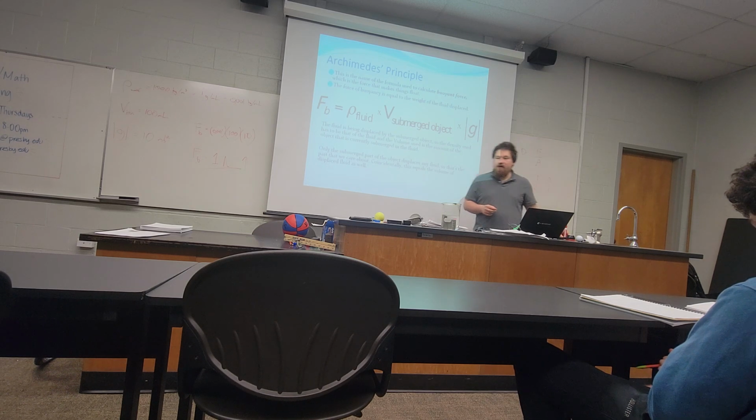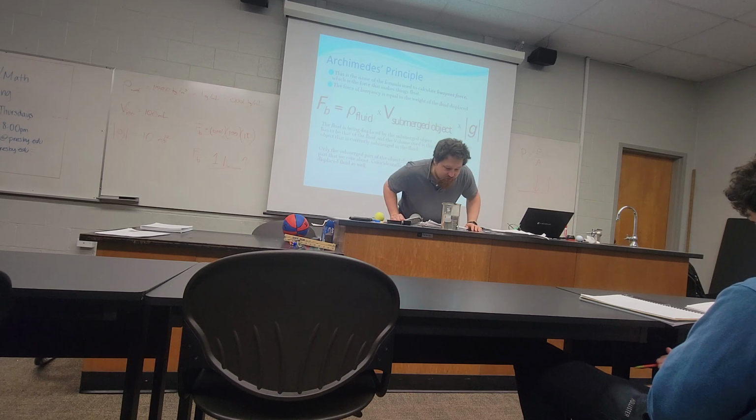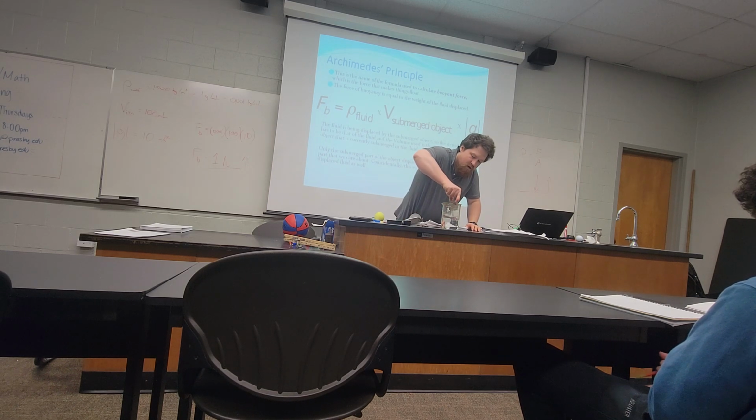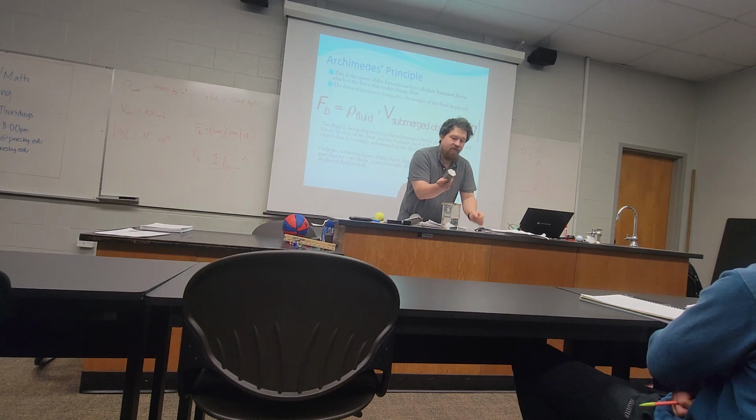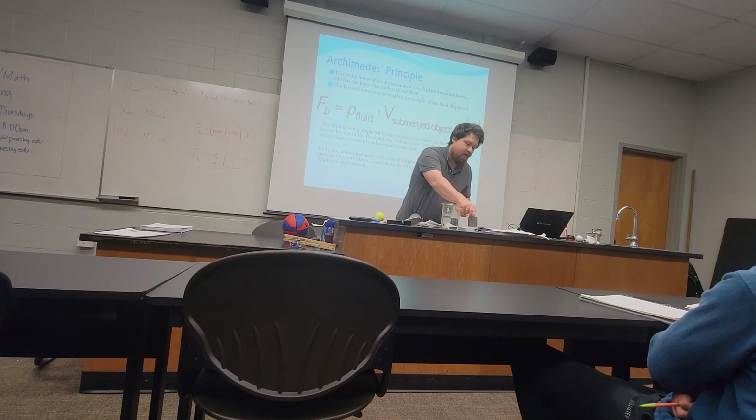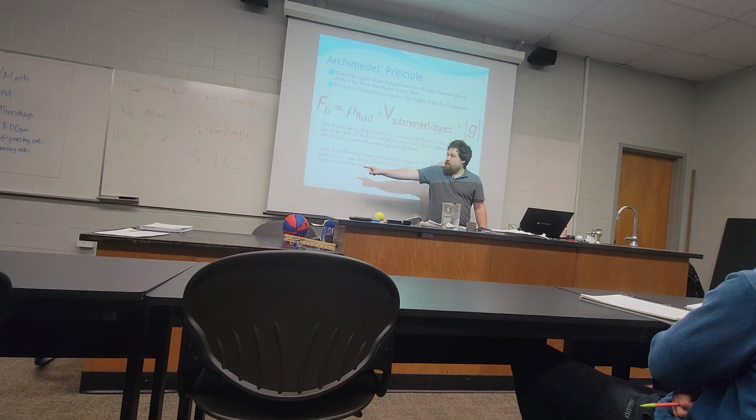It doesn't. I'm going to pull it back out of the water. This piece of iron is 1 kilogram, and the weight of 1 kilogram should be mass times g, 1 times 10, so 10 newtons. So that thing weighs 10 newtons, and the buoyant force acting on it is only 1 newton, and that is why it sinks.